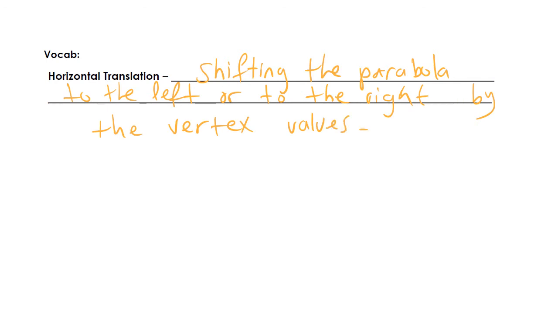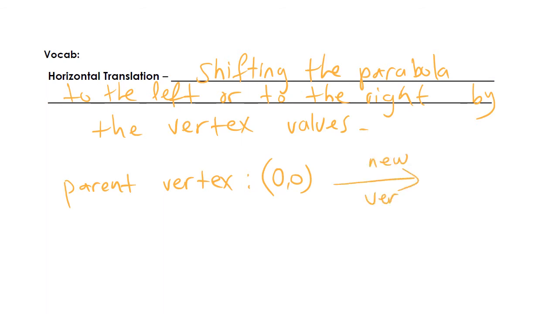A parent function has the vertex of 0, 0. So any new vertex will have a different point. So that shows us that the graph will be shifted.